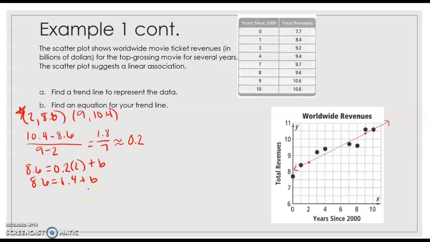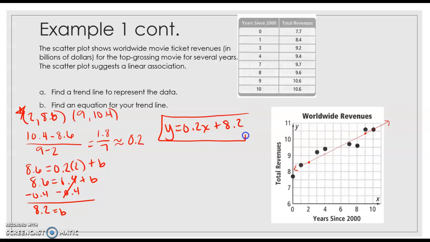I'm going to subtract 0.4, and then 8.6 minus 0.4 is 8.2. So we've got a b value of 8.2, an m of 0.2. So we're going to have y equals 0.2x plus 8.2. That is going to be our equation for the trend line.